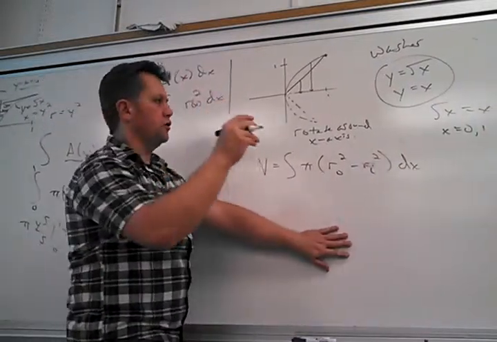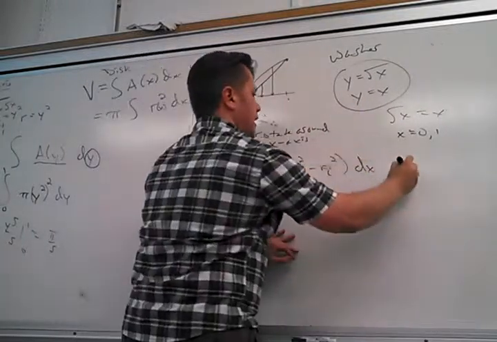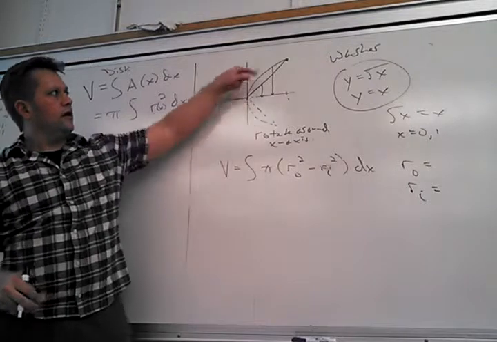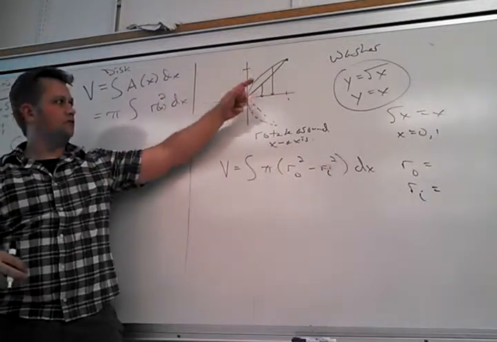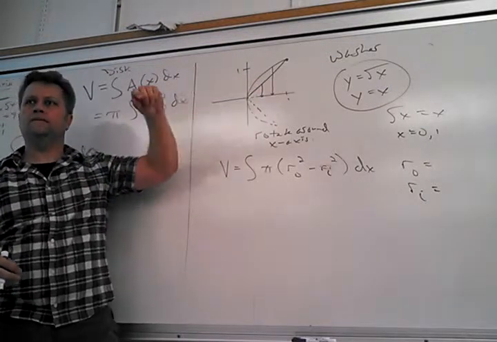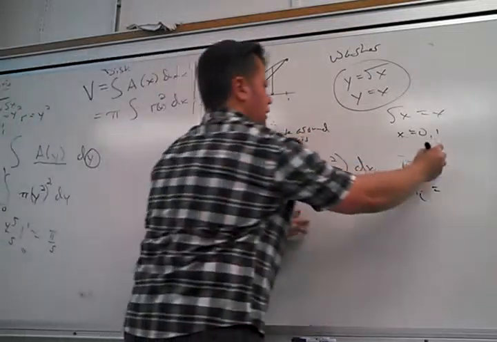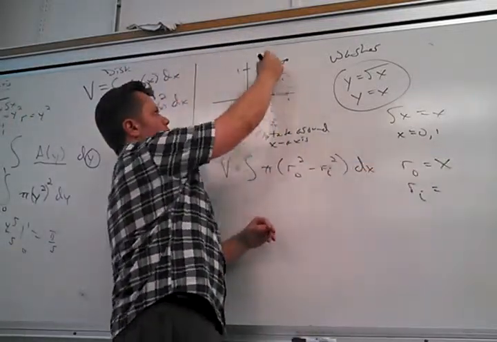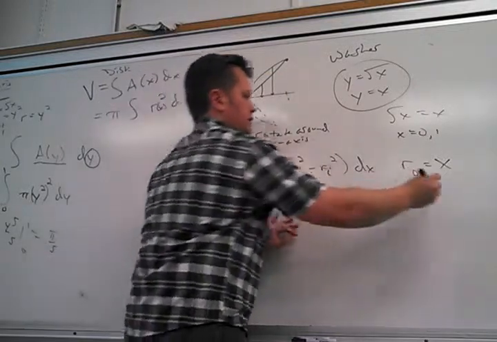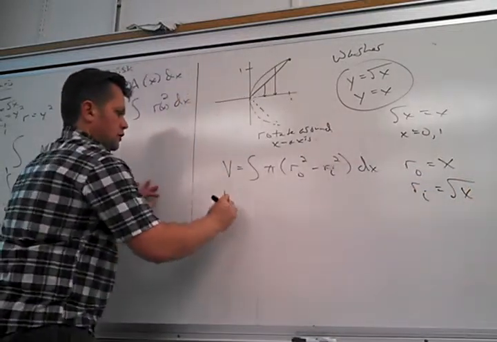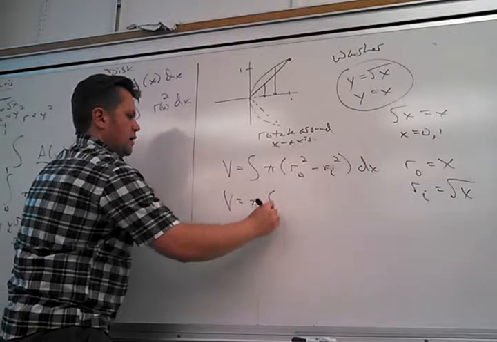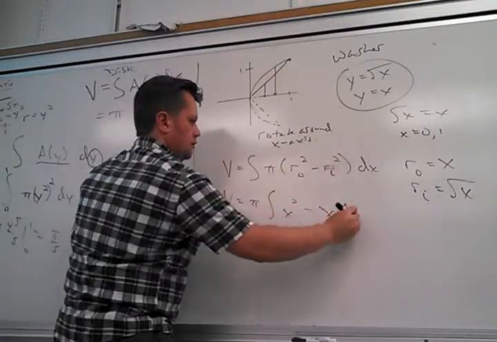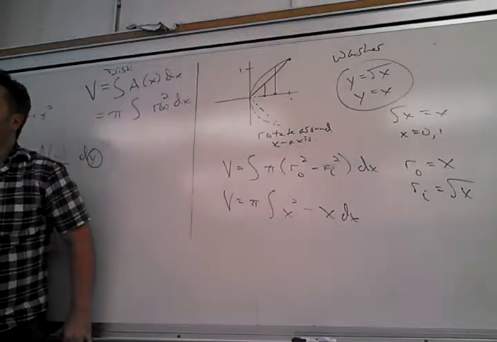So now this all boils down to: what is my outer radius and what's my inner radius? What's my inner radius going to be? x. Cool. And I want it as a function of x because I'm doing dx. And my outer radius? Root x. So then the volume is going to be pi integral of x squared minus x dx. And then you just go from there.